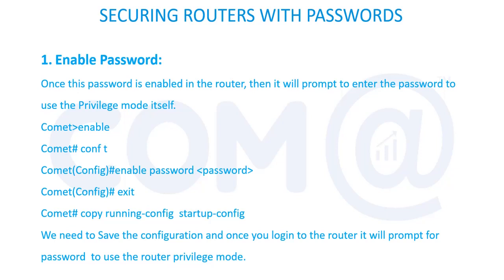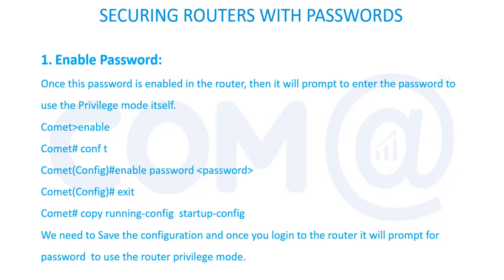Here the password is provided in the global configuration mode, because that is a global setting for the router. Once I give a password, it is going to impact the entire router. So I have to give it in the global configuration mode. The command is enable password, and you type the password you want. Then you have to copy the command.